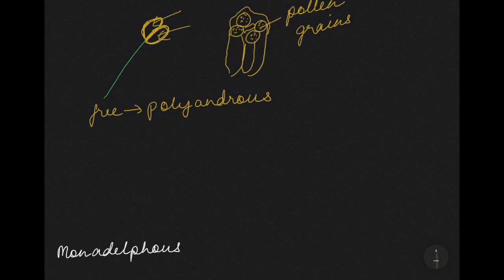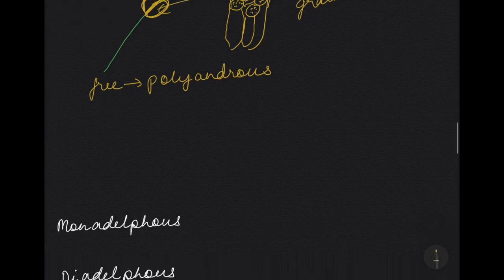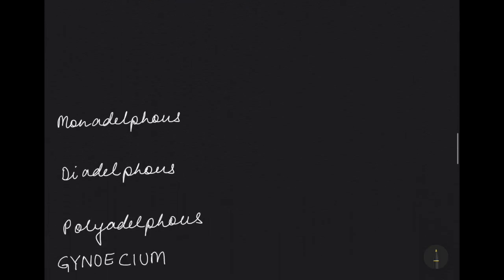Okay, and they may be joined in single, double, or several groups. If it is one group, then it is known as monoadelphous. Mono comes from the word mono. Mono means one. So you will see it is in one group, one single group.